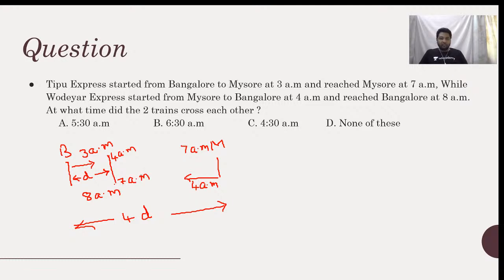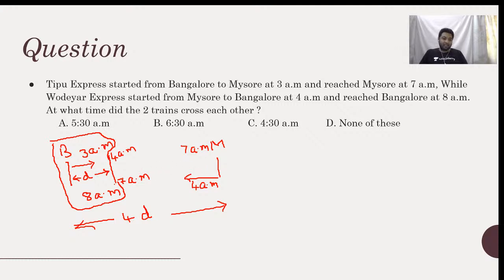If you turn a blind eye to this particular portion, you will see that the distance is the same, the time taken is the same, which means the speed is also the same. Therefore, when will they meet?